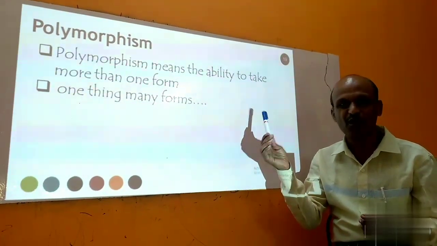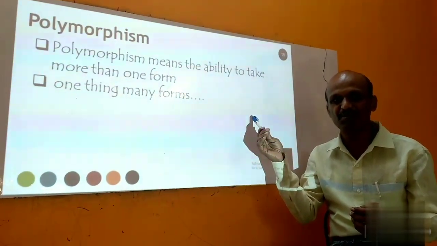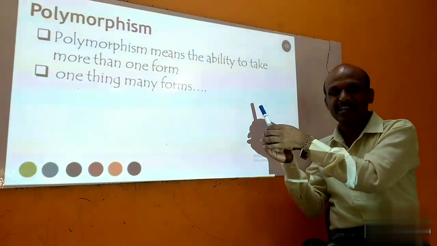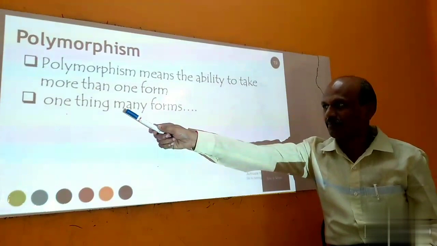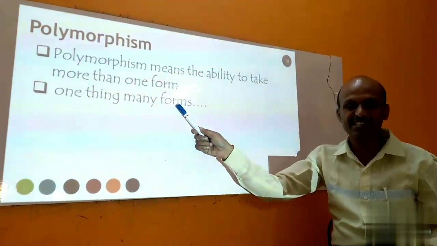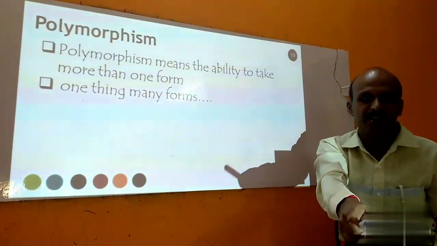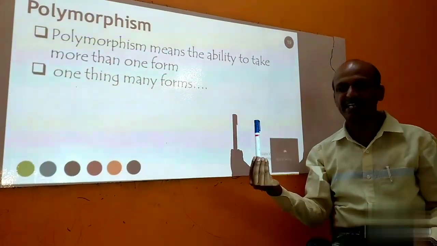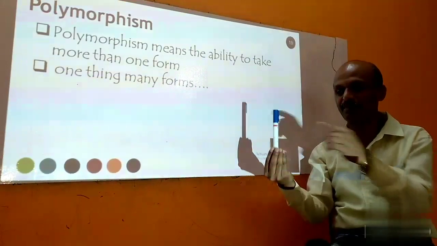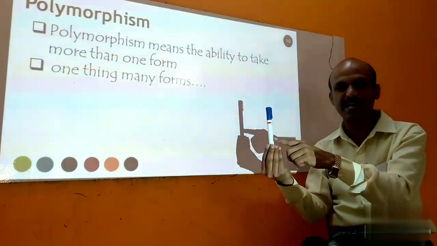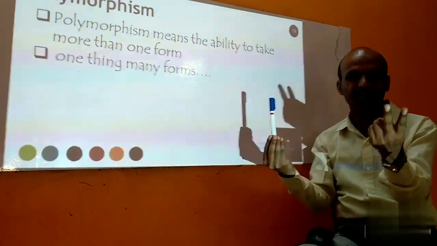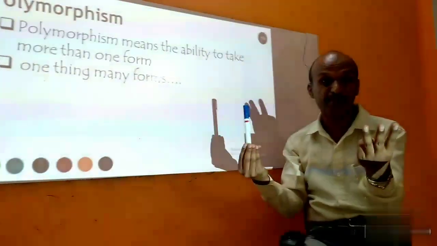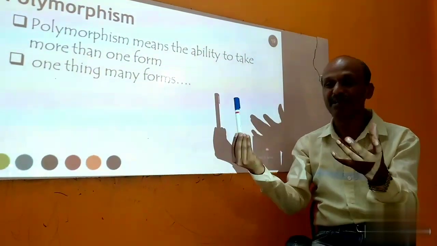Pen, many forms: writing instrument or writing device, a pointing device. And hitting this pen to you, the pen acts as a weapon. One pen, behaving differently. Pen, pointing device, writing device, pen as a weapon, one thing, many forms.